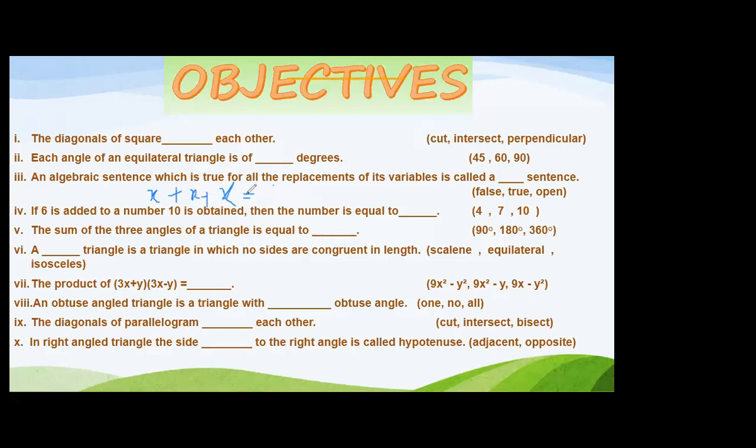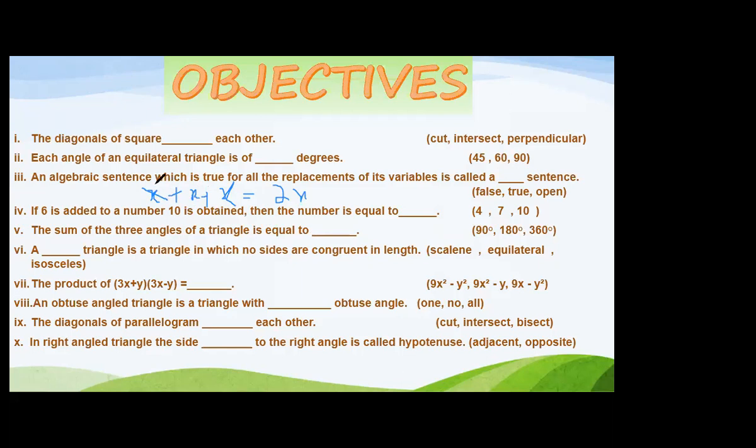X plus x, Miss, true sentence. You are saying true sentence. I am asking you this example question which I have over here, that x plus x is equal to 2x. Miss, false sentence.